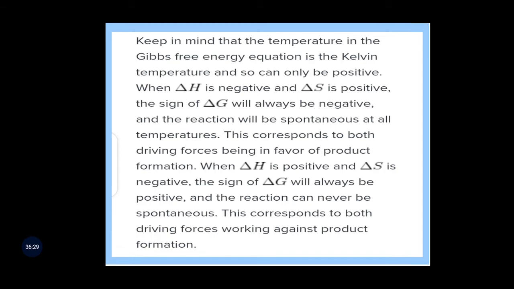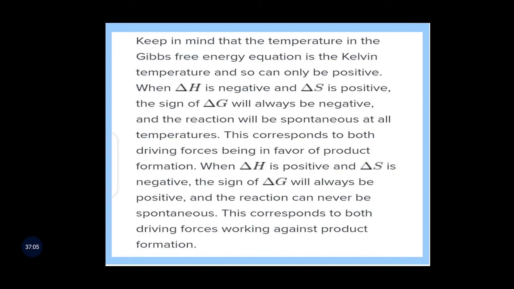Since enthalpy is positive and entropy is negative, your Gibbs free energy will be positive, and that will make the reaction non-spontaneous. This corresponds to both driving forces working against product formation. So product formation will not be favored, and that gives a non-spontaneous reaction. I want you to really study this table and this explanation, so that at any point in time you will know, questions can come in any form.